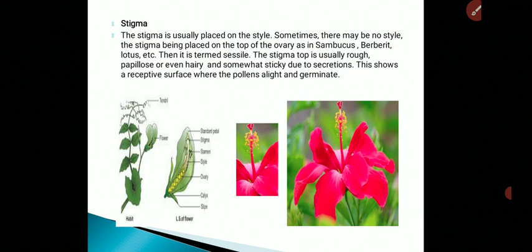In clitoria, the stigma is terminal and simple, and in hibiscus, the stigma is composite. Look here at the structure of the stigma in the case of two different flowers.